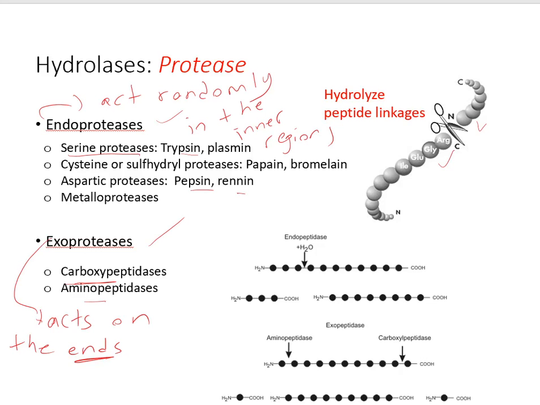It's carboxy if it acts on the carboxyl site, or amino if it acts on the amino end. So like this. Proteases such as bromelain, papain, renin. So these are widely used in food industry for various applications such as brewing, tenderization of meat, coagulation of milk, or as a digestive aid.